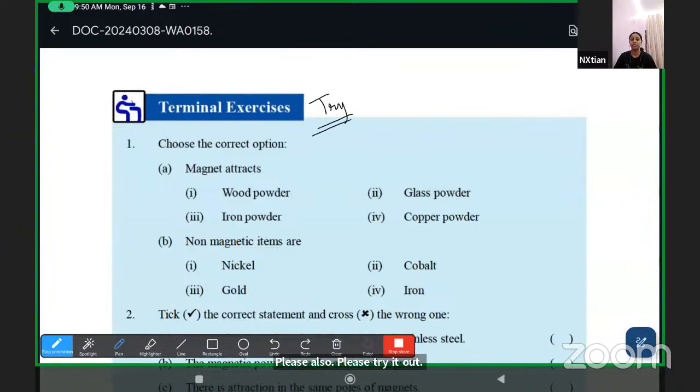So with this, we have finished with this chapter, electric current and magnets. This chapter is over. I think we're having a network error somewhere.